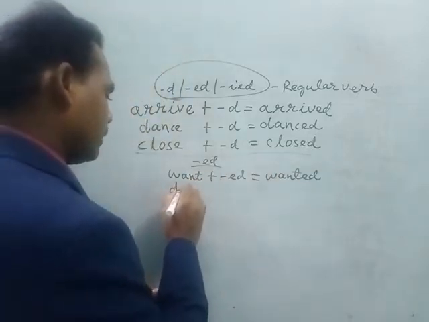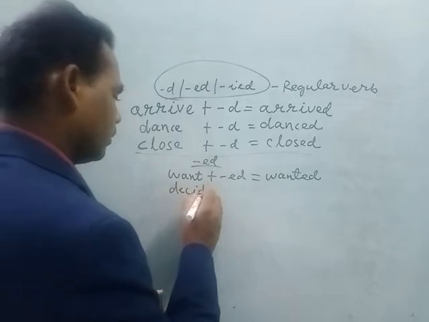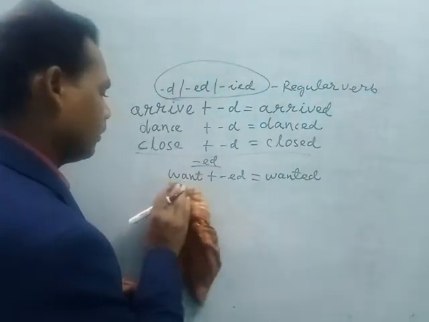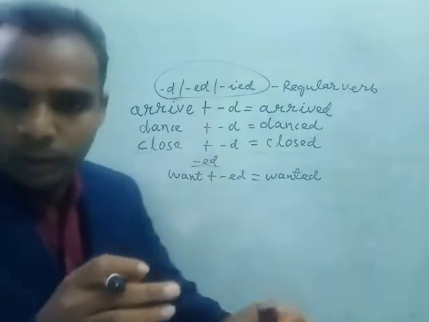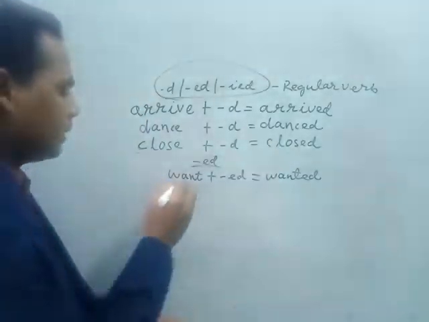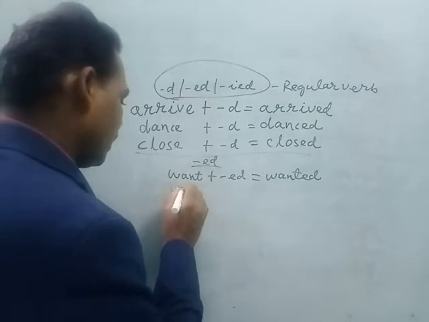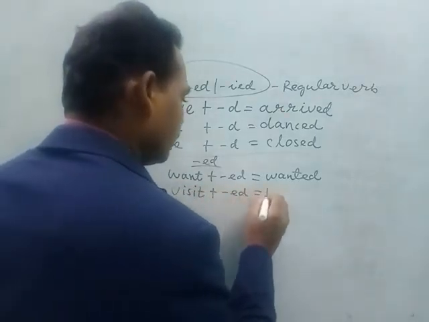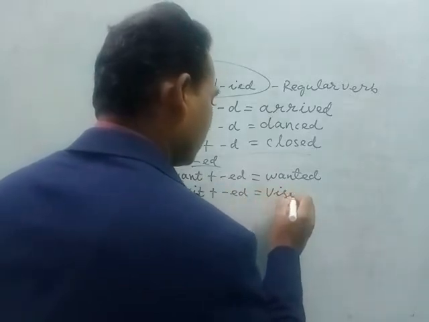Now decide? No, decide is wrong. Decide ending here is the E. So want, wanted. Visit, V-I-S-I-T, visit plus ED, visited.